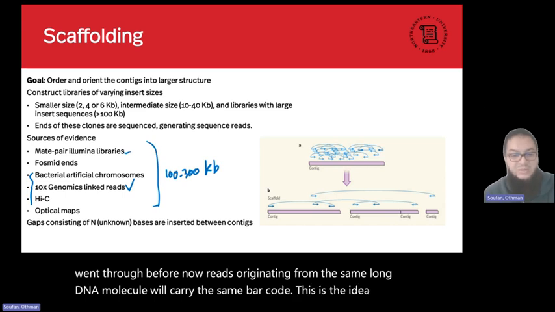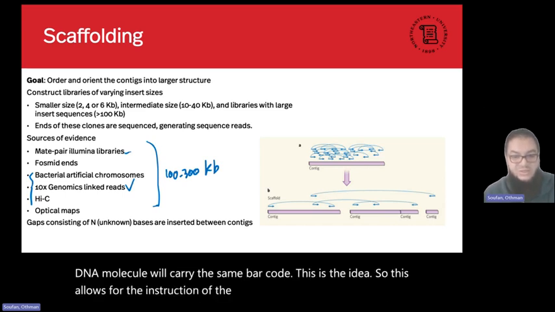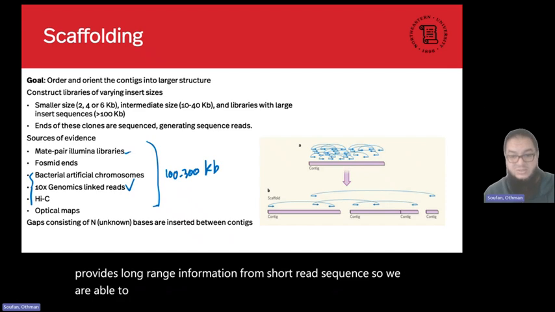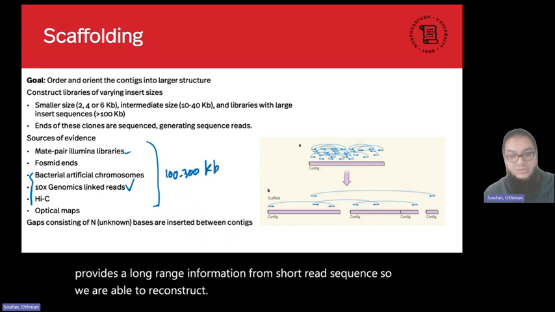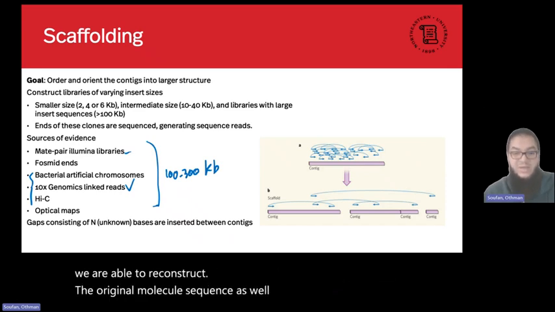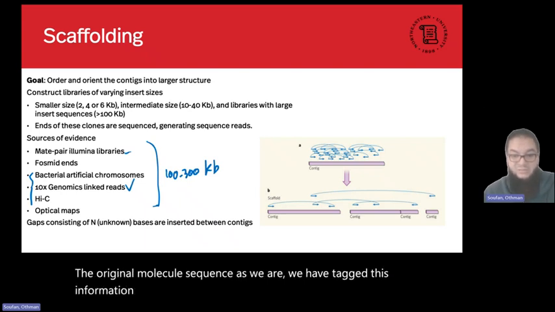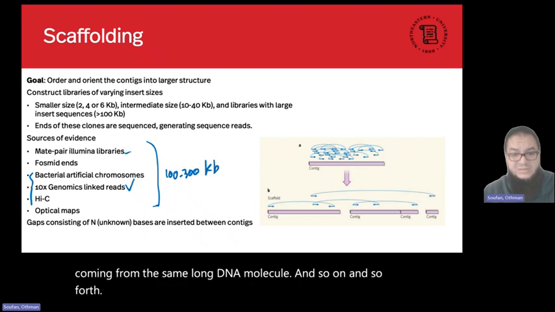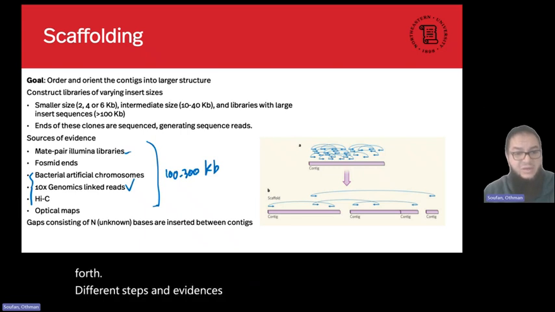So this allows for the reconstruction of the original molecule sequence and provides long-range information from short read sequence. We have tagged and traced this information, knowing that it is coming from the same long DNA molecule. Different steps and evidences can be there towards, again, building these scaffolds.